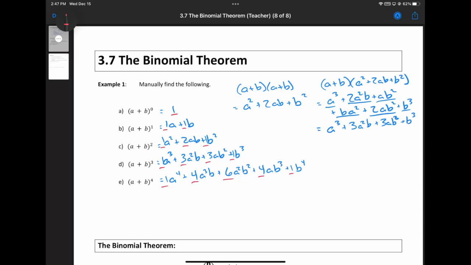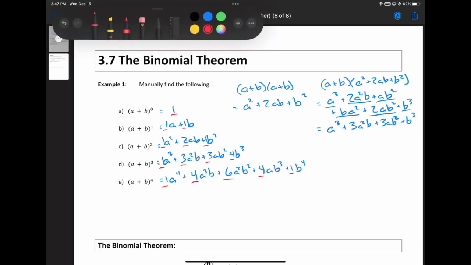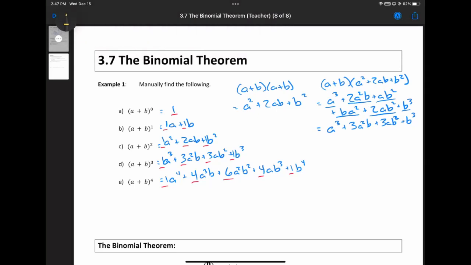Moreover, not only are they from Pascal's triangle, they're all combinations. That's going to help us write this out as a general formula. Also, I'm going to point out the pattern in a few of the other things. So let's take a look at the a's. In the top one, we have a to the exponent 0 because it's not there.